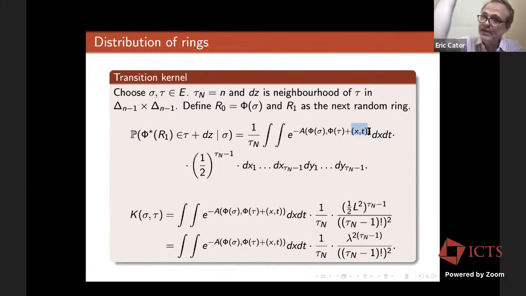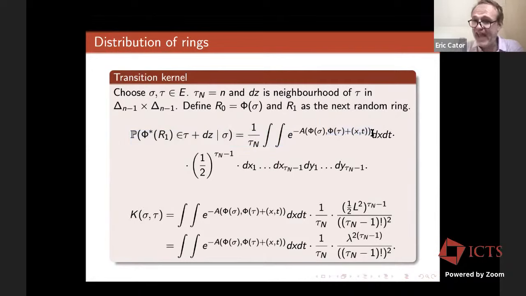And any location is okay, because if the ring R1 ends up in that location, then phi star will make sure that I find my tau, almost. I will come back to this. Now, it doesn't matter where this new ring is, as long as it has the correct shape. So that's why I translate phi of tau, and I look at the probability that my R1 ends up in this translated version of phi tau.